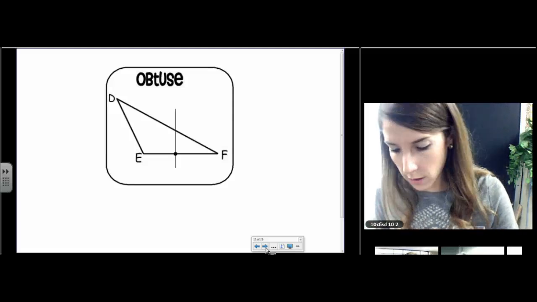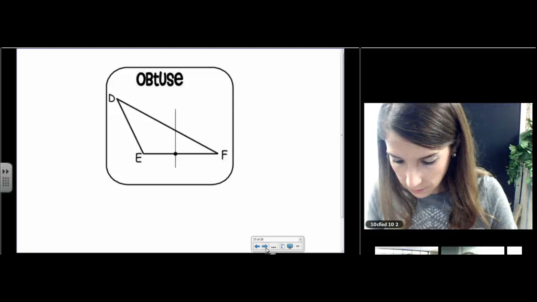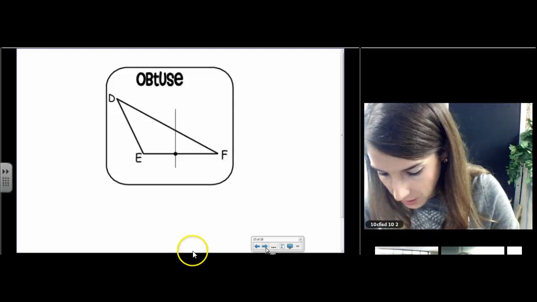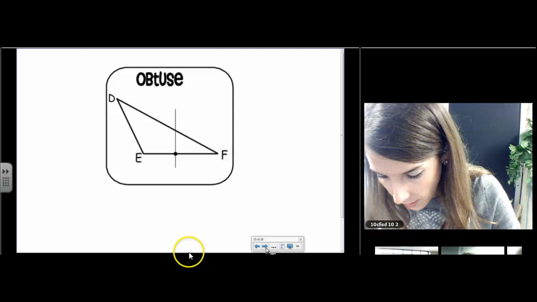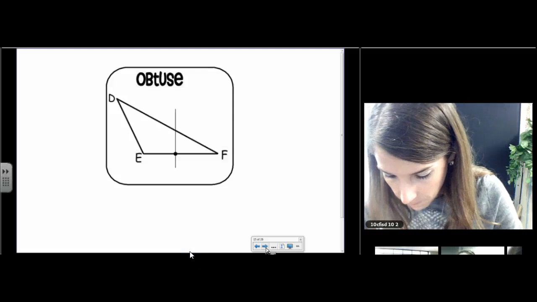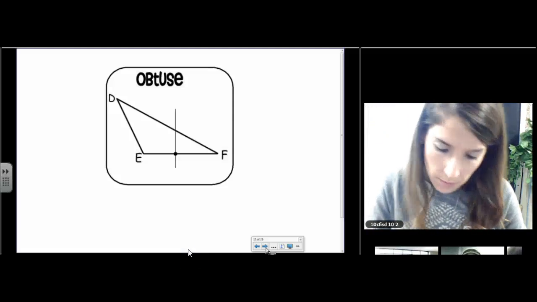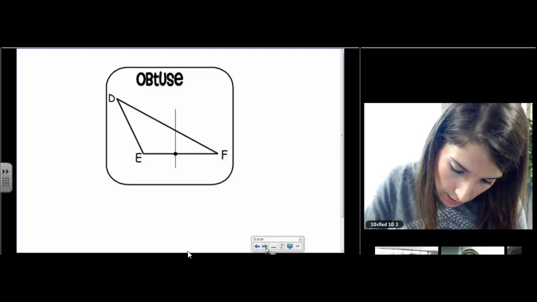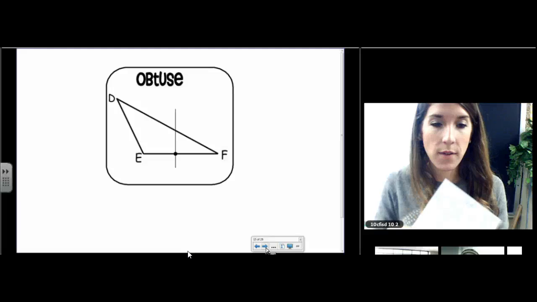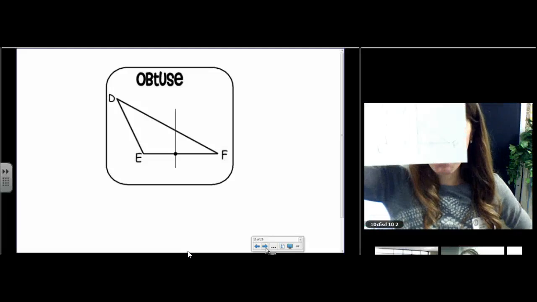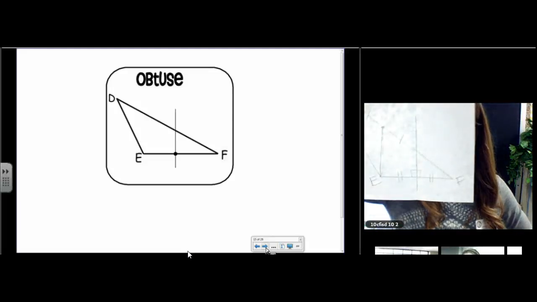Put your ruler on that crease. You can extend it past your triangle. That's fine. Then we would add a box and tick marks. I'm going to add double tick marks because we've already used up single tick marks, right? There we go.